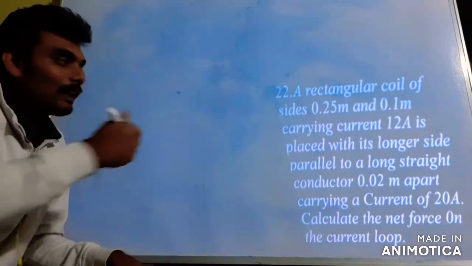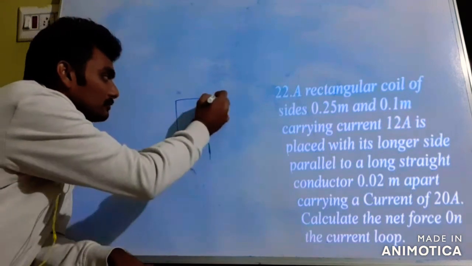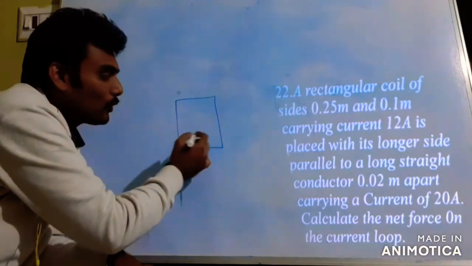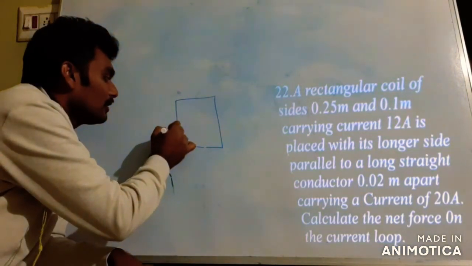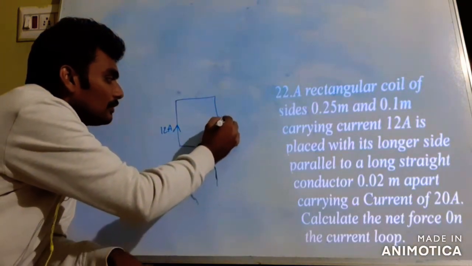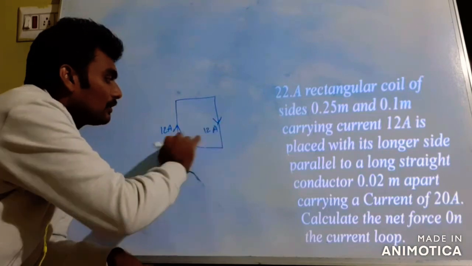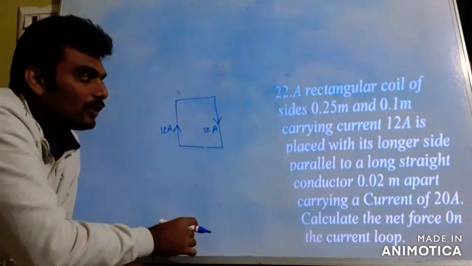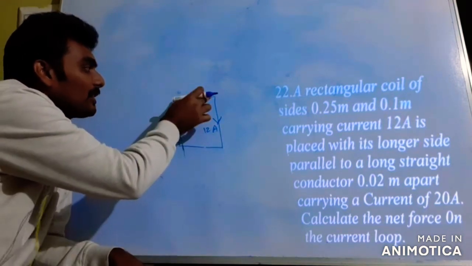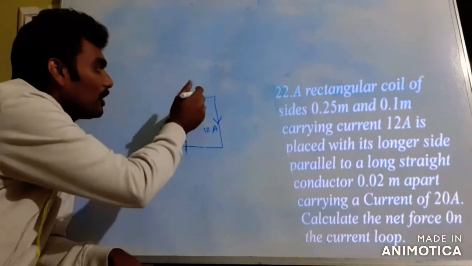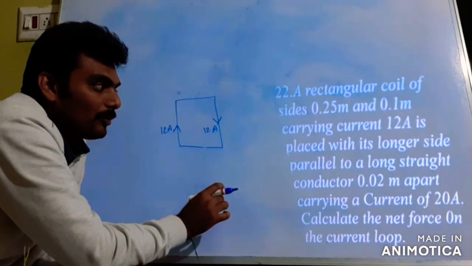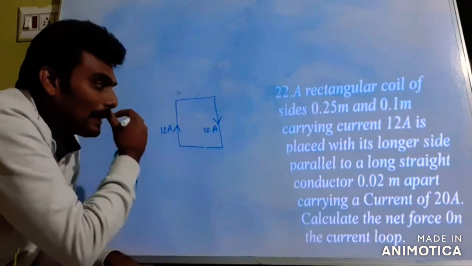One is a rectangular coil with 12 ampere current flowing through it, placed with its longer side. So this is the longer side, 0.25 meter. Let me take this as the shorter one, 0.1 meter. Okay, 0.25 meter longer side parallel to a long straight conductor.